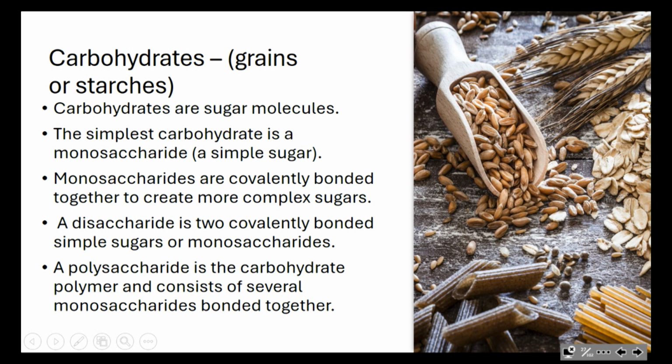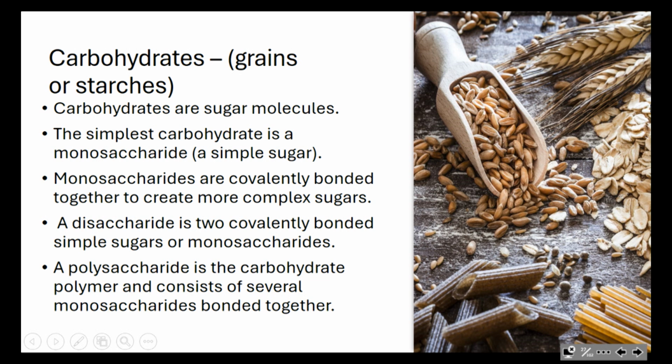Monosaccharides can be covalently bonded together to create more complex sugars. So if we take a monosaccharide and fuse it together, we would use that dehydration synthesis. We could make something called a disaccharide. A disaccharide is just two simple sugars fused together, okay? Di, as in disaccharide, means two, so it's two sugar molecules, okay?